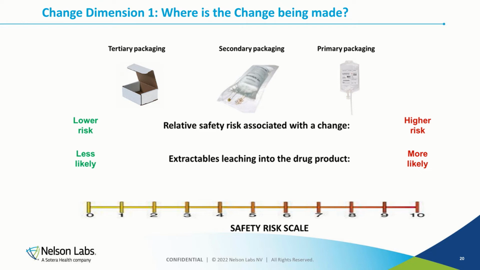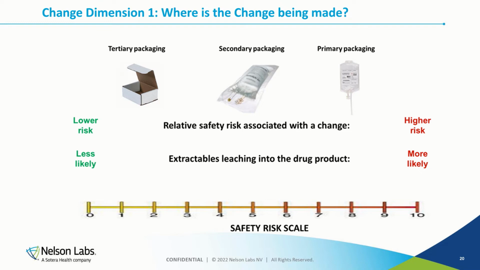Well, because primary packaging directly contacts the drug product and is more likely a source of leachables, a change to the primary packaging will be higher risk. And it's more likely that a change to the primary packaging will have an effect of increasing the extractables leaching into the drug product. At the other extreme, tertiary packaging, say, for example, you're putting a label on an overpouch.